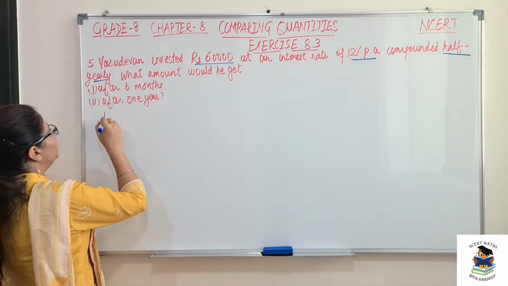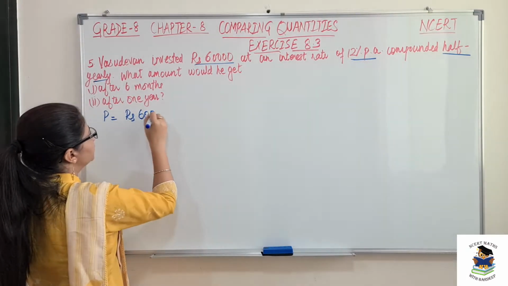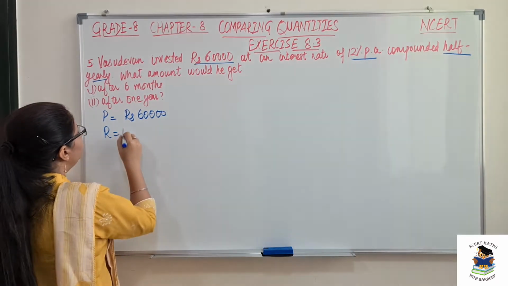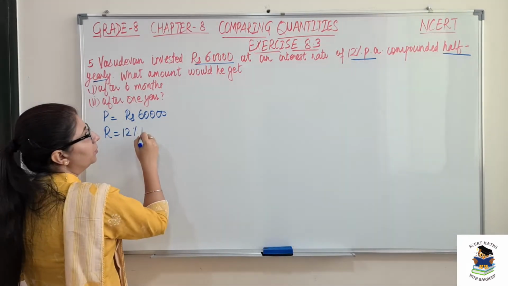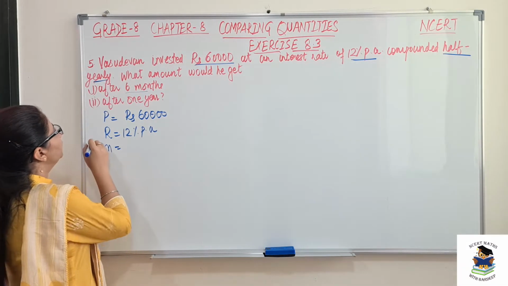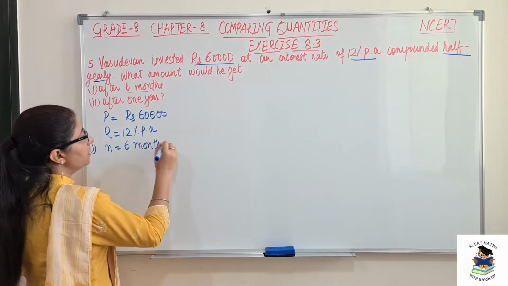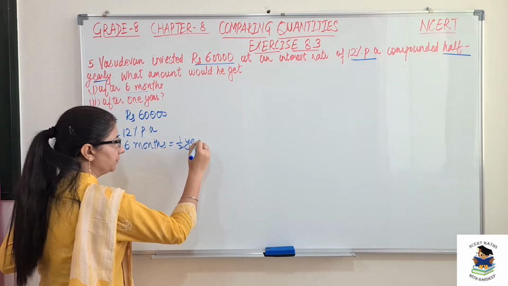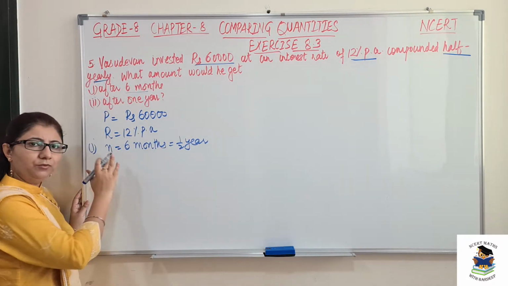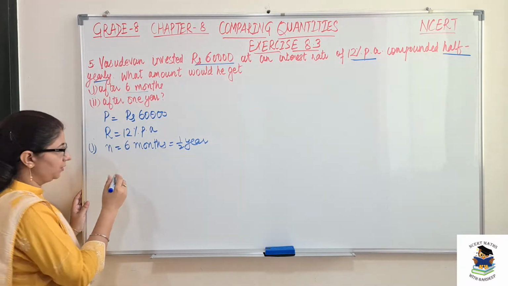First we will write the parameters. The principal amount is rupees 60,000. Interest rate is 12% per annum compounded half yearly. N is, for the first part, 6 months. 6 months means half year. So whenever it is a half year, we can directly use simple interest to calculate the interest for the first 6 months.